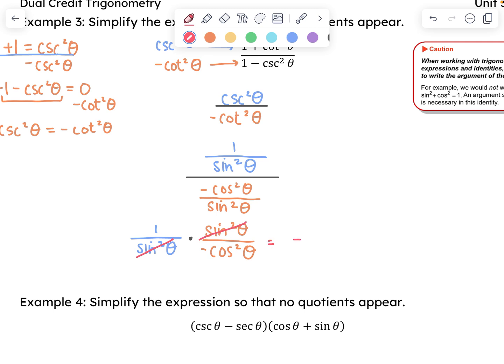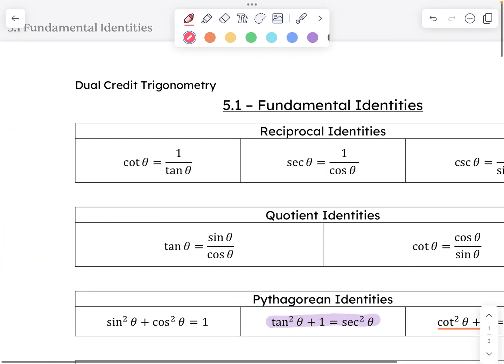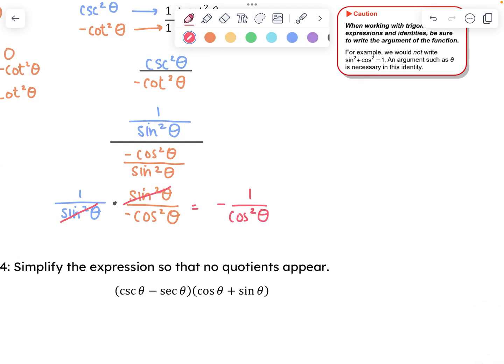So now I'm down to a negative 1 over cosine squared. And if we come back up to our reciprocal identities, 1 over cosine is secant, and that gets rid of all of our quotients. We can say that this one was negative secant squared theta.